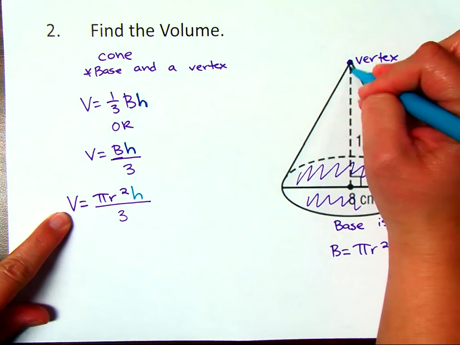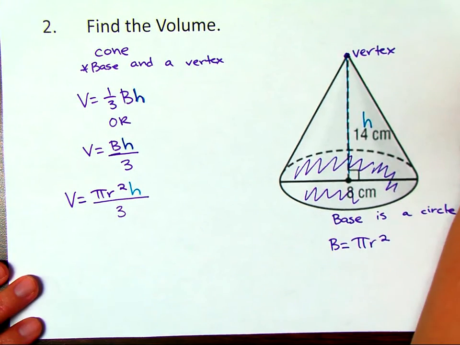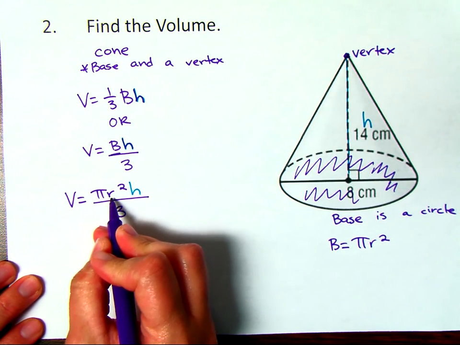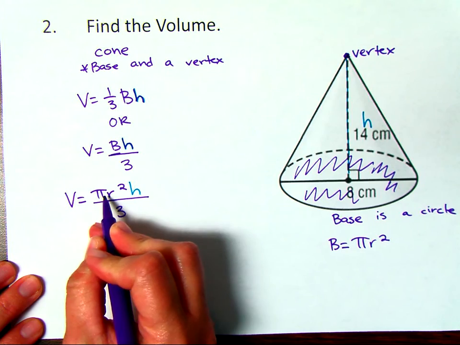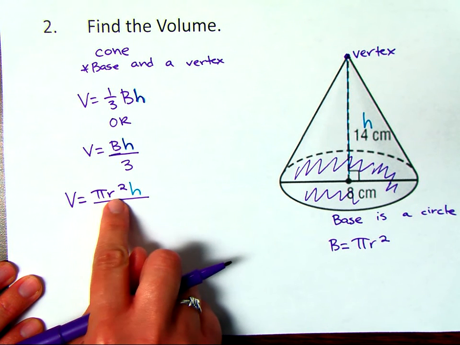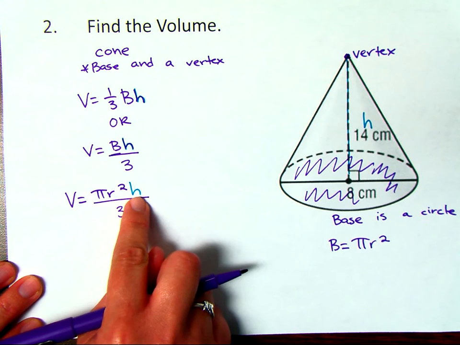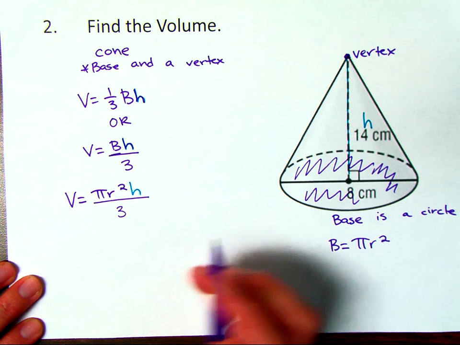And your height is your distance between your vertex and your base. You could put a dot in between here, or parentheses, or a multiplication sign, but remember when numbers are next to these symbols, or next to letters, that means to multiply. So something to think about.